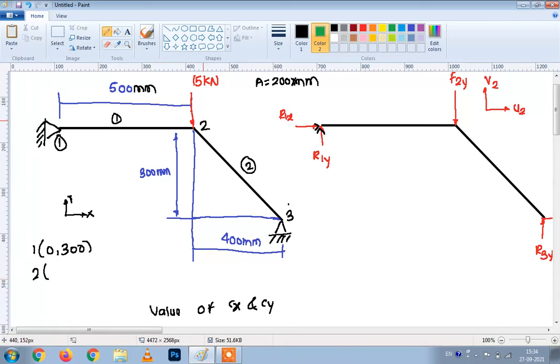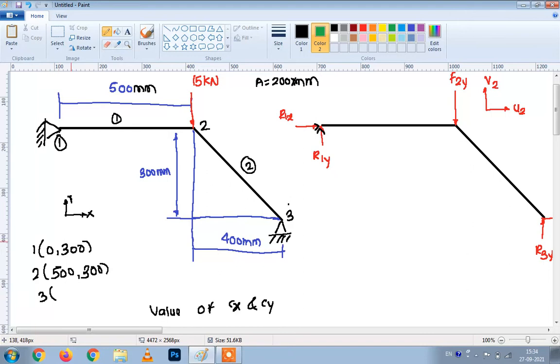For the coordinates of point number 2, in x it is 500 mm, and in y from this origin the dimension is 300. So we will get x is 500 and y is 300.